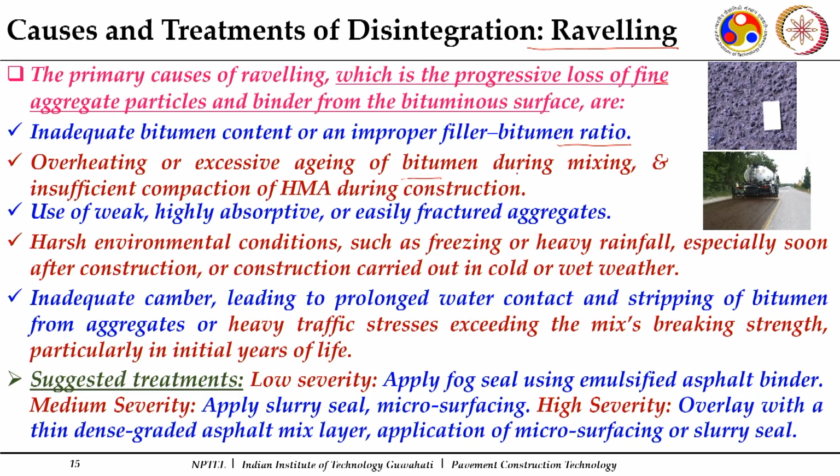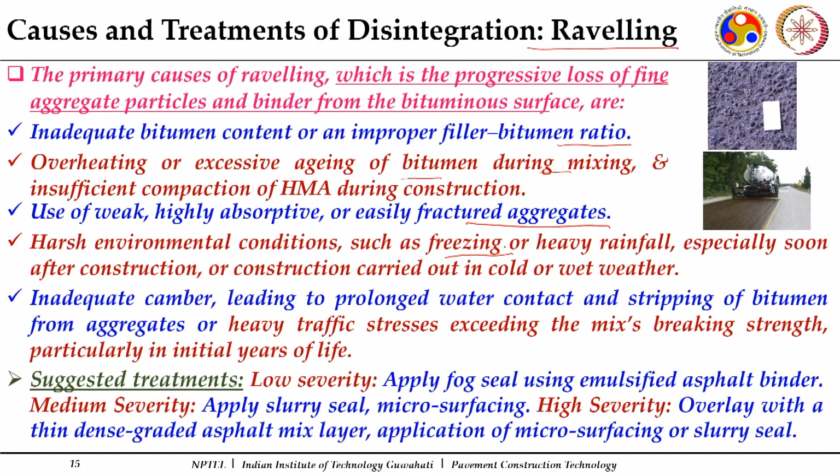Overheating or excessive aging of bitumen makes your binder harder, and then the adhesion between your aggregates and binder gets weakened. Use of weak, highly absorptive or easily fractured aggregates is another cause, because these aggregates get broken up and are highly absorptive, so the effective binder film thickness gets reduced, and then also raveling can be experienced.